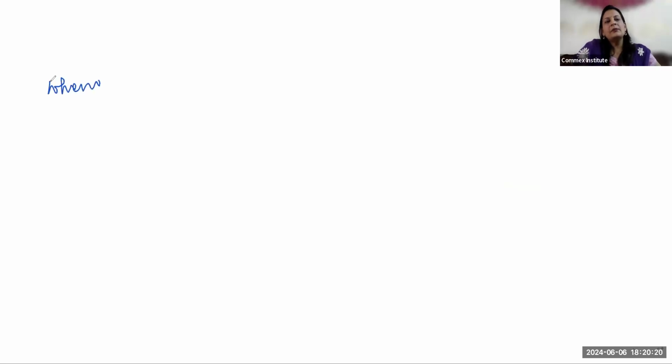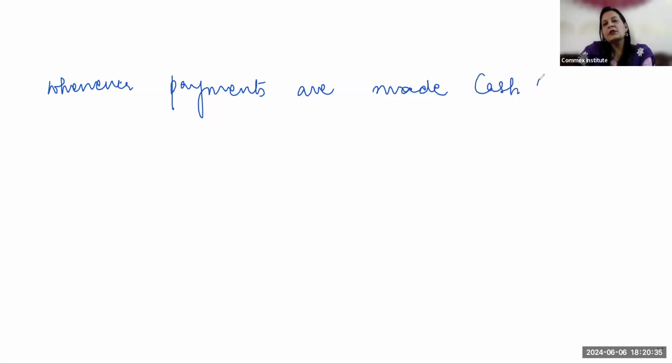You can write this line so that you will remember when an account is credited or debited. Whenever payments are made, the cash account is credited. If I put anything on the credit side of the cash account, I say the cash account has been credited.